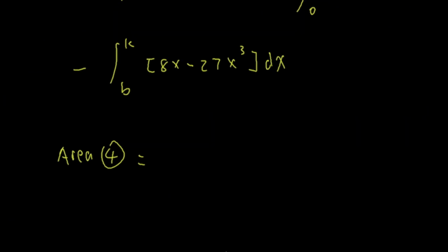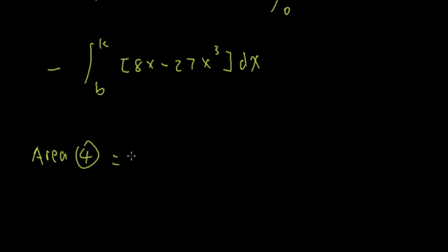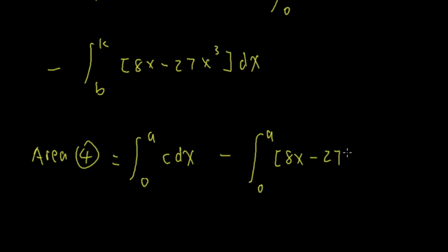Which is the integral from 0 to a of c dx minus the integral from 0 to a under the cubic function. Now, this one is really obvious. It's just c times (a minus 0). Let's write it like this.